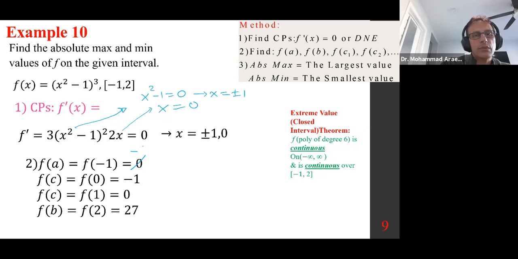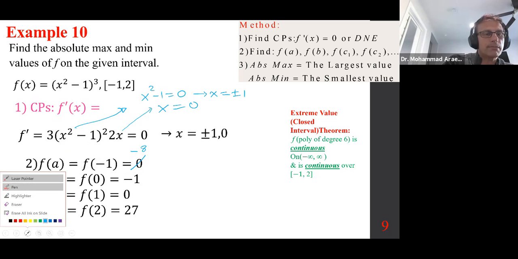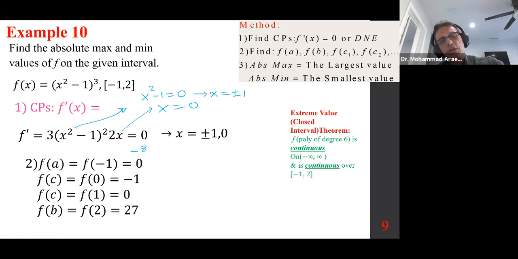Let's just double check that. Minus 1 quantity squared is positive, so it is 0.